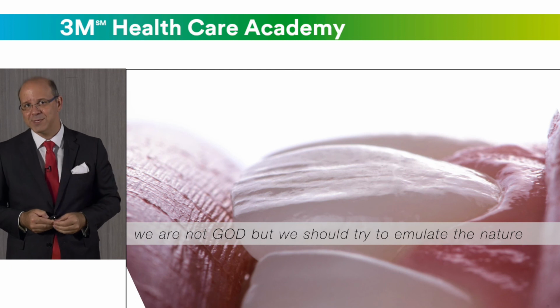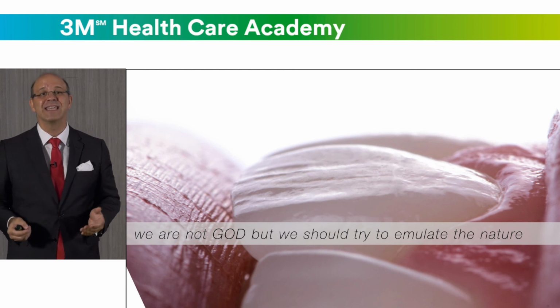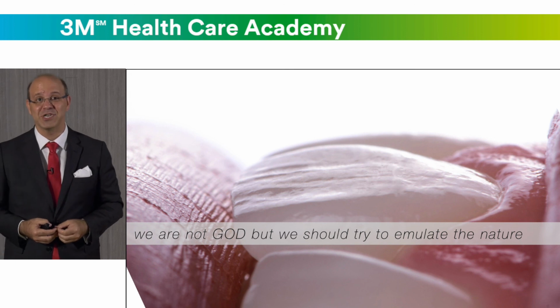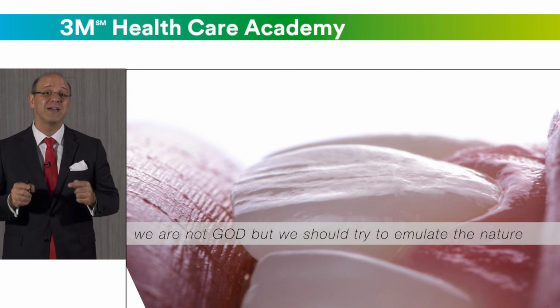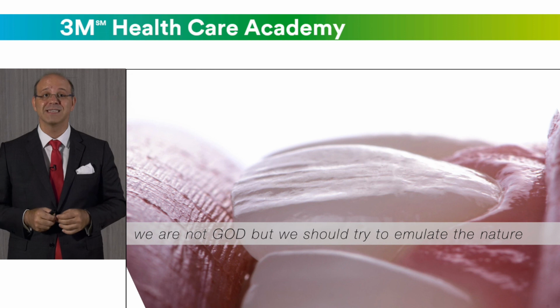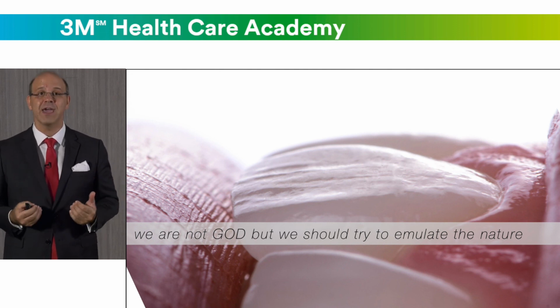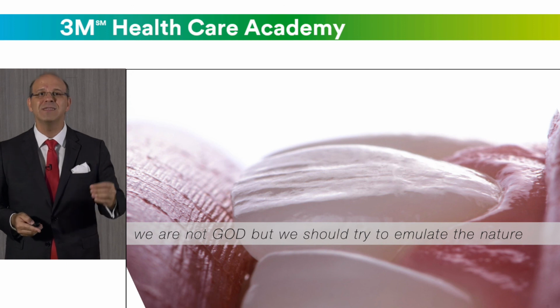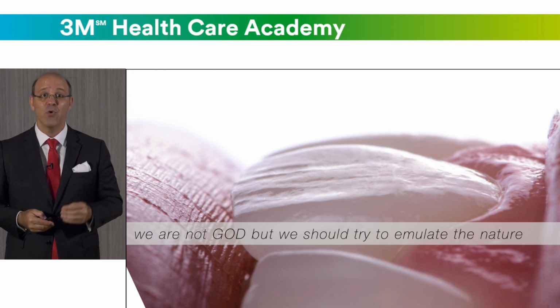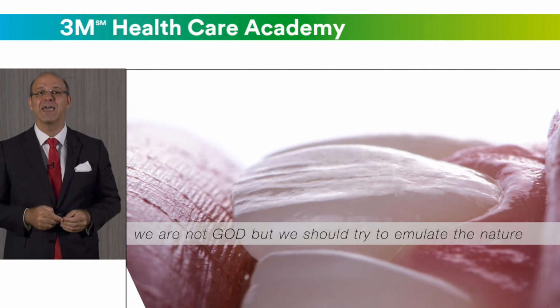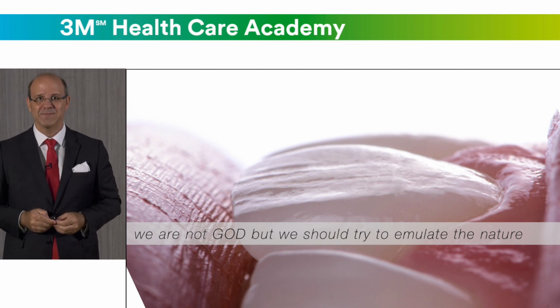We are not gods, and we cannot give back to the patient what they lost of the natural tissues. But nowadays we have materials and techniques that allow us to recreate and mimic all these natural effects. We only have to see and replicate with our hands.